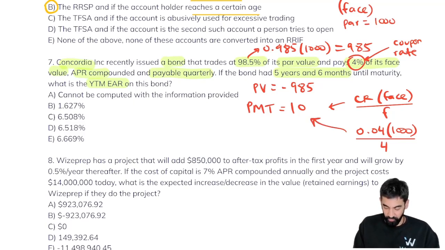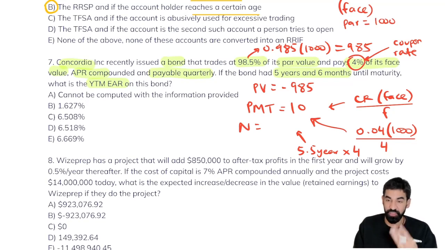Then what is going to be our N? N is the number of payments. So here they said is 5 years and 6 months, which is basically 5.5 years. But how many payments is that? That would be 5.5 years times 4, because there's 4 quarters in every year. They're making 4 payments per year times 5.5 years.